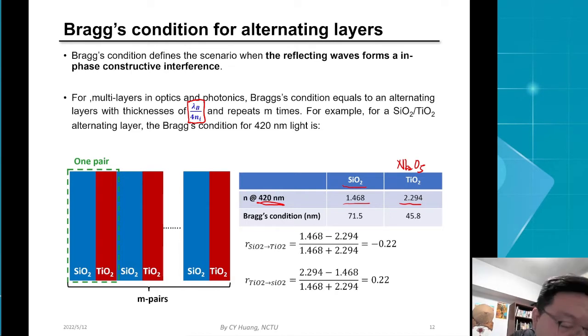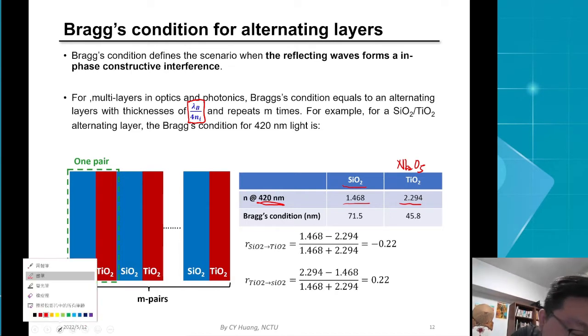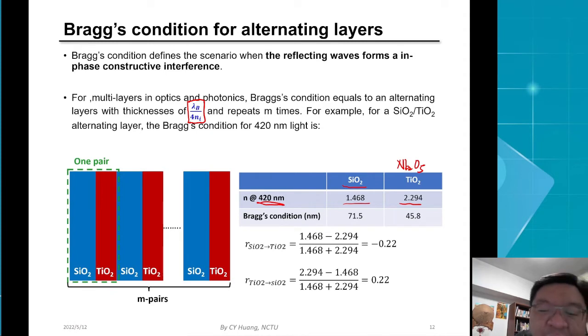So the Bragg condition for such a wavelength, for SiO2 for example, will be 420 divided by 4 times 1.468. How much is that?